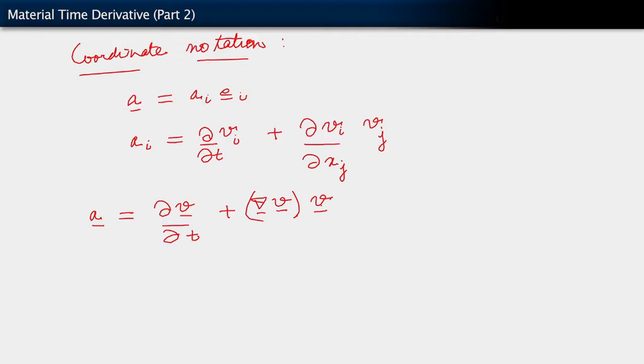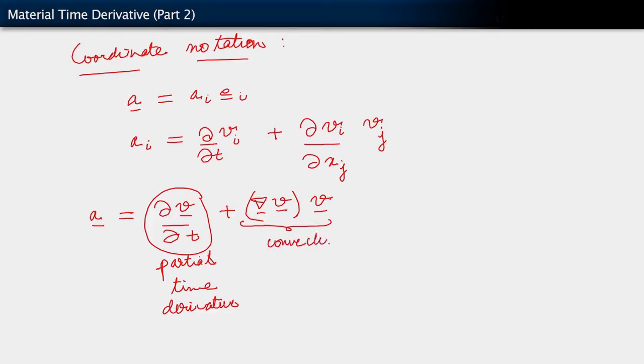However, it's different from the partial time derivative, which is this, just the partial time derivative. This term is what sometimes gets called the convective time derivative.